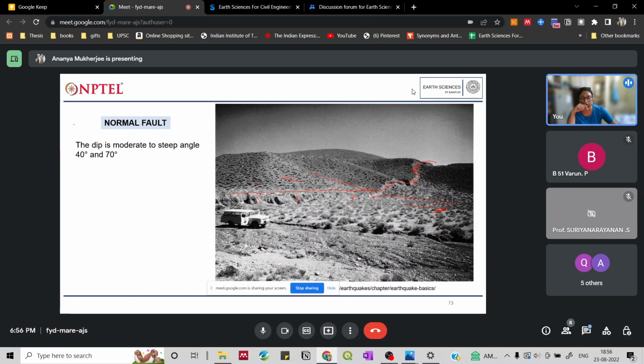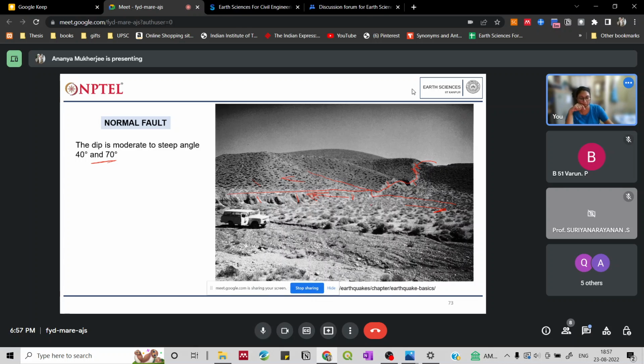Usually normal faults can be from moderate to steep angle. This is the strike direction and this is the dip direction, and the amount of dip of the fault plane relative to the strike plane is the dip angle that we are mentioning over here as 40 and 70.